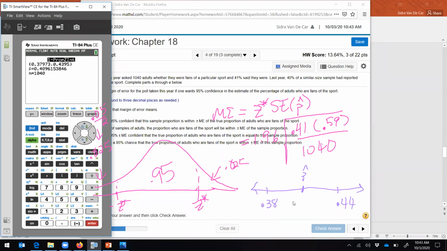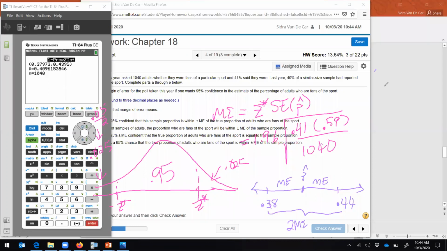So I graphed it on a number line. Now this total distance that's here is the margin of error this way and the margin of error this way. So it's 2 times the margin of error. So if I subtract these 2 values and then divide by 2, that'll also give me the margin of error.